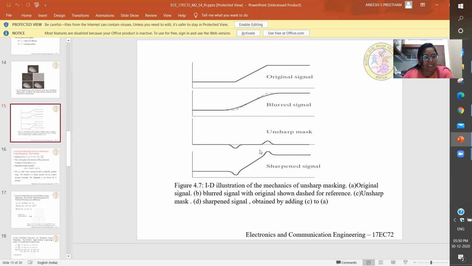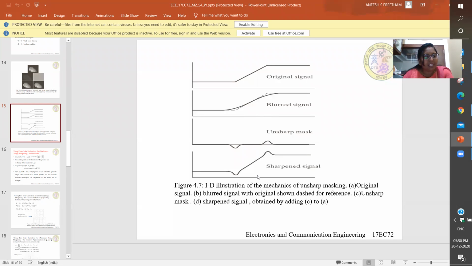Figure C is the unsharp mask obtained by subtracting the blurred image or blurred signal from the original image. And you can compare this result with the previous one.